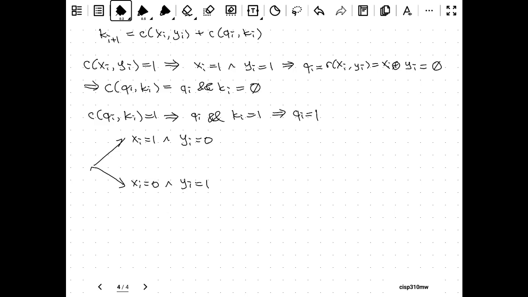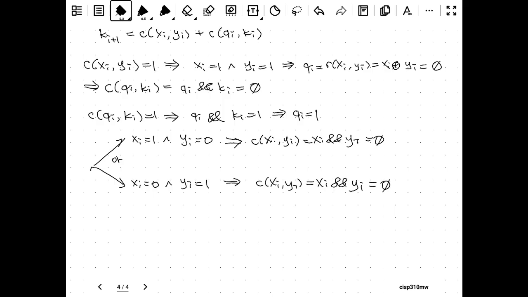Now we have to proceed with both because this is an or. If this is the case, then C of xiyi, which is xi and yi, is a 0. That seems pretty obvious. The other one has the same conclusion, because at least one of xi and yi is a 0, so the conjunction is also going to be a 0.